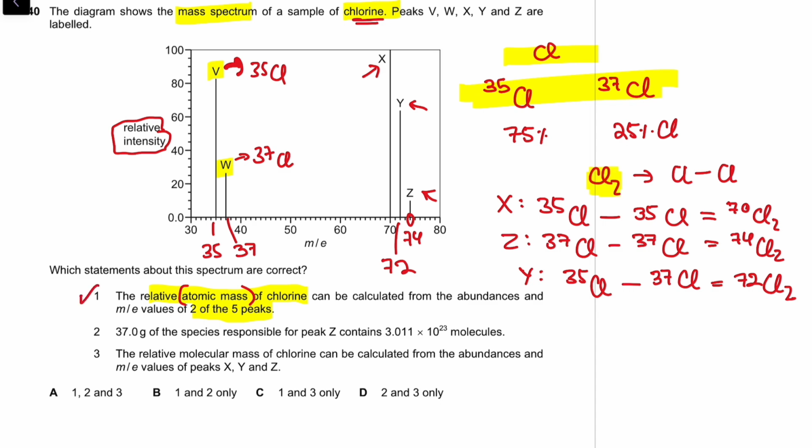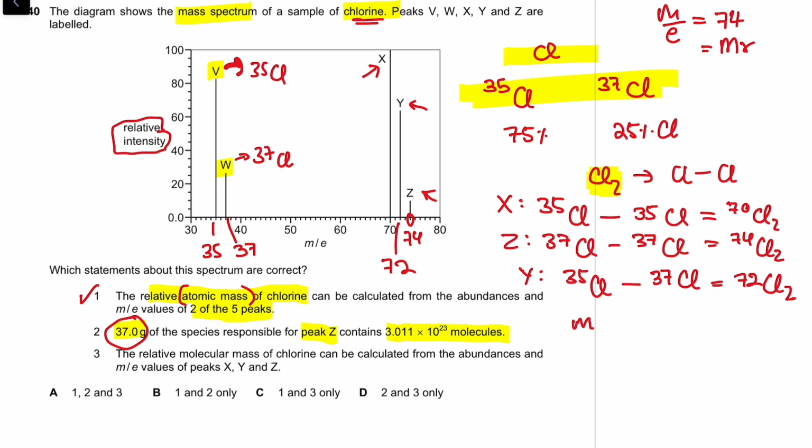Statement number 2. 37 grams of the species responsible for peak Z contain 3.011 times 10 to the power 23 molecules. So species Z is at 74 m/e, so 74 is therefore the molecular mass. And we said 37 grams of it.